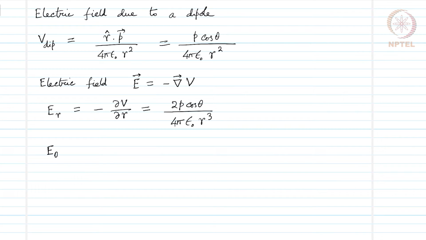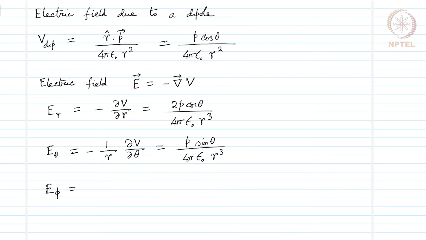The theta component of the electric field can be given as minus 1 over r del V del theta, which is p times sine theta over 4 pi epsilon naught r cubed.